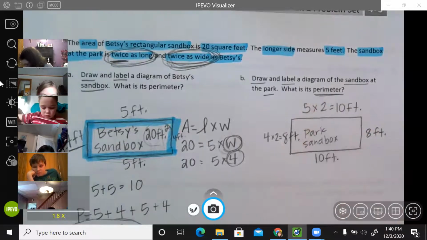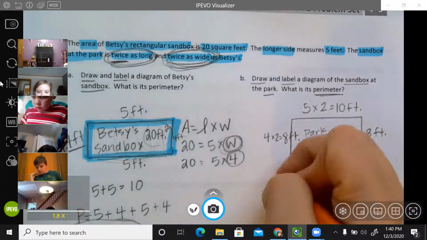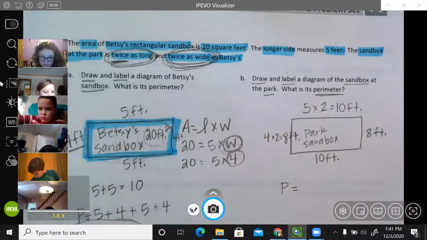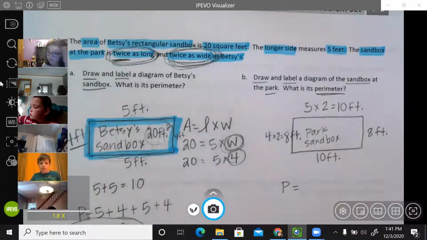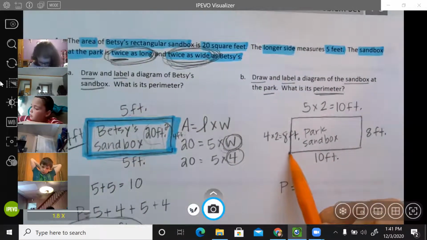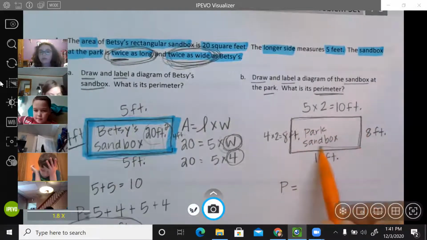Now we have to find the perimeter. Hayden Garland, why don't you help me with this one? We know that to find perimeter, what do we have to do to all the sides? Add them. Very good. Can you give me a number model? What equation can I use to find how long it is from here to here?